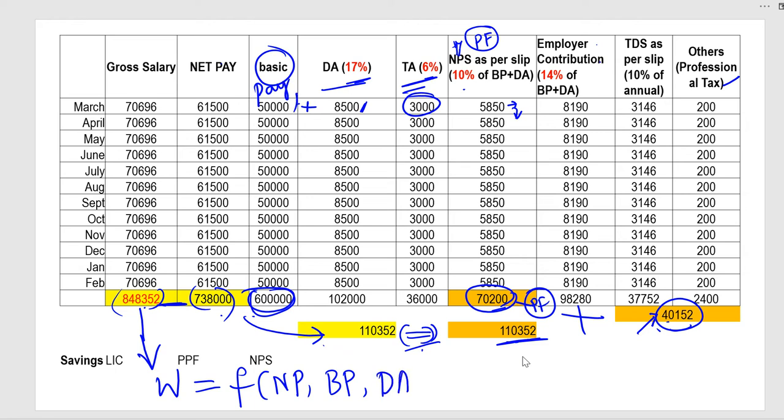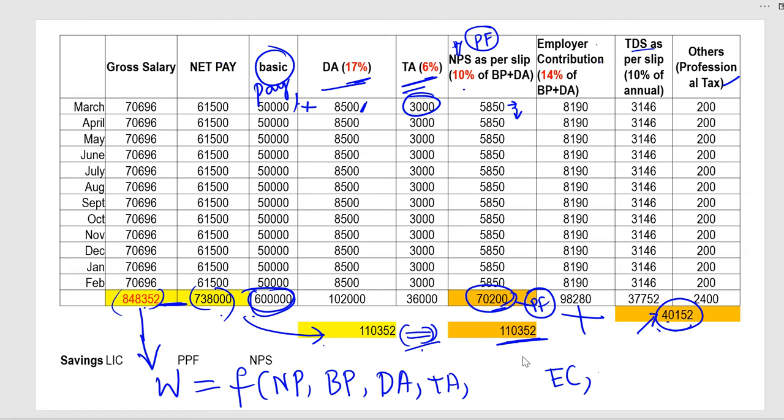Then it is DA plus TA plus NPS plus employer's contribution, EC, and then you have TDS.